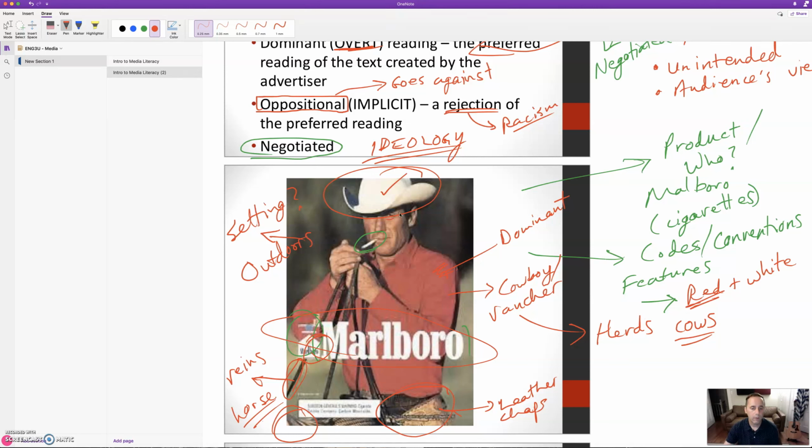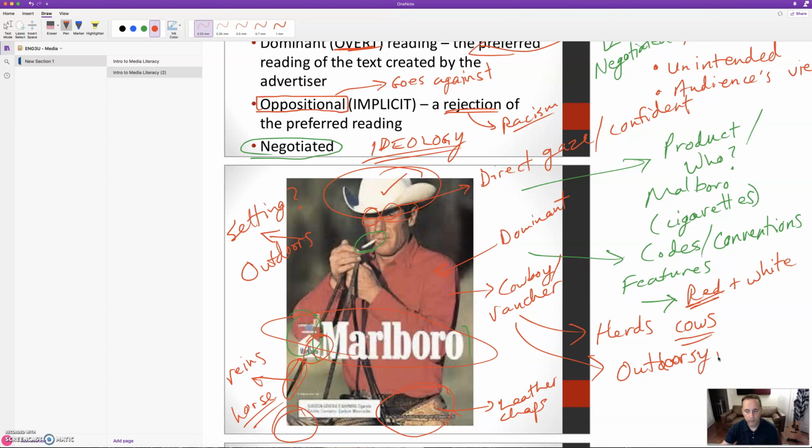Now, notice he's gazing very directly at the camera. He's got this direct gaze. He's sitting upright and he's confident. And this kind of job is very outdoorsy.